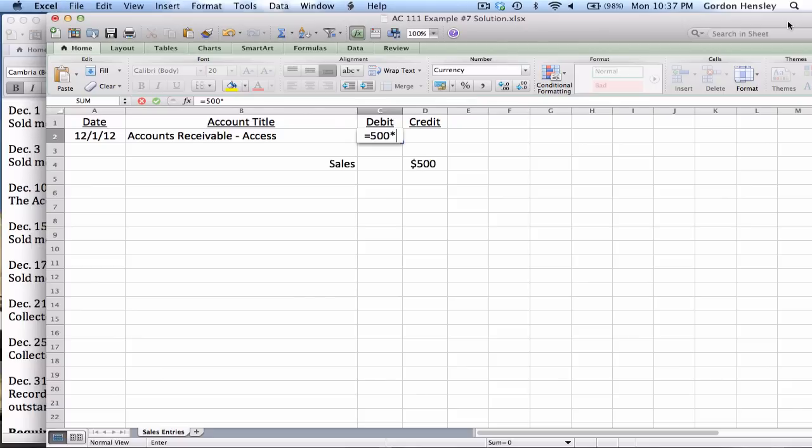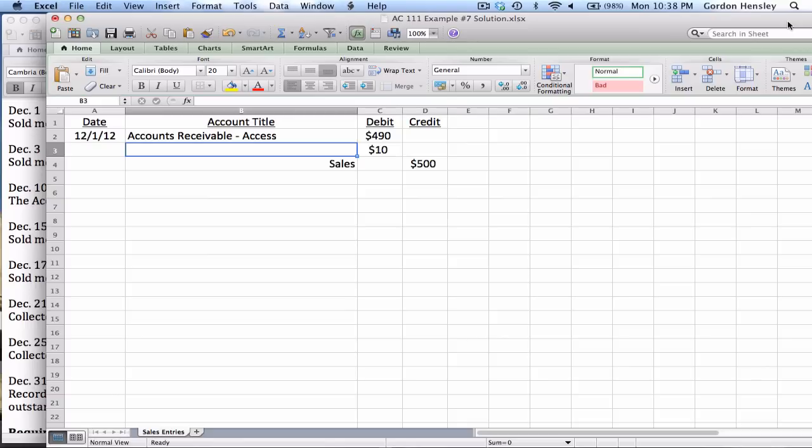I'm actually only going to get 98% of that, and the decimal equivalent of 98% is 0.98. So when they eventually pay me for this, what will I actually receive? Only $490. So now you see why I left a space there, because this is not going to match up. I need another debit, a debit for $10 to make it work. What's that $10? That is simply a credit card expense.